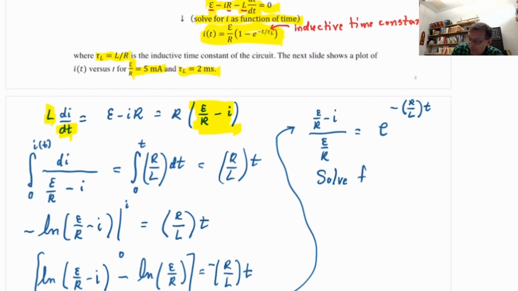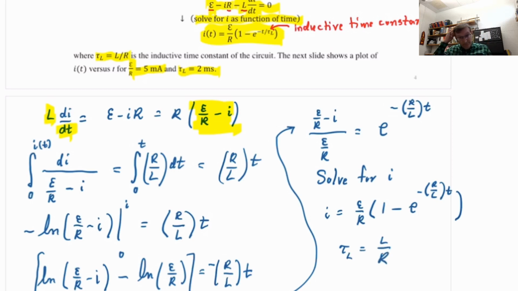Solve for I and simplify. And you get I equals E over R times 1 minus e to the minus R over L times t. And then all the books take that combination L over R and call it the inductive time constant.